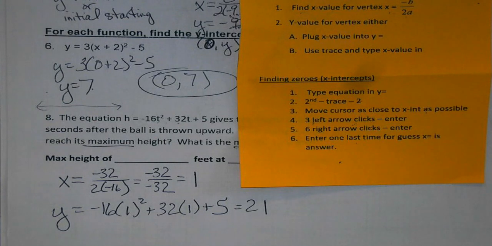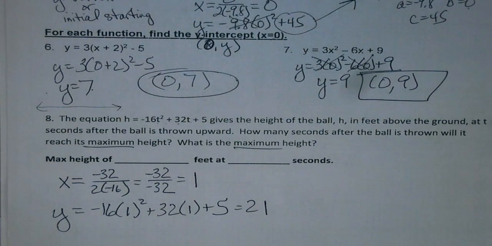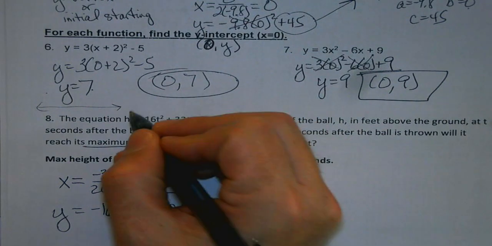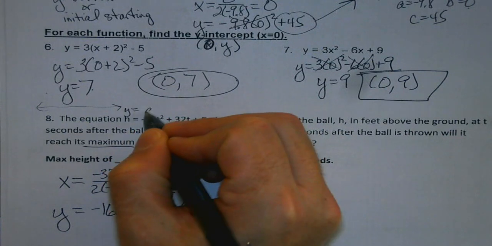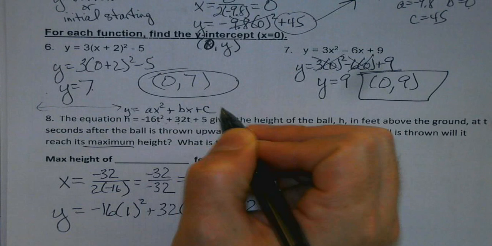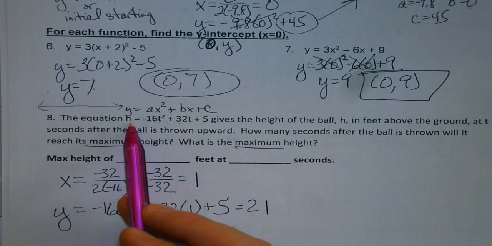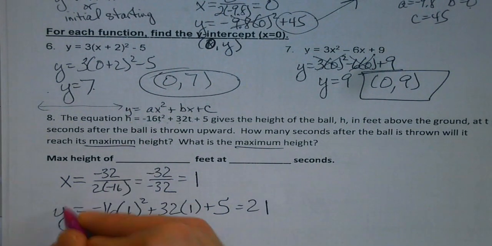You're like, okay, how am I supposed to tell? Here's how. Think about your standard form of an equation for a minute. I'm going to put it right above the equation here. You're like, okay, what good does that do me? Check out what you see. Y is in the same place as H is. Okay.